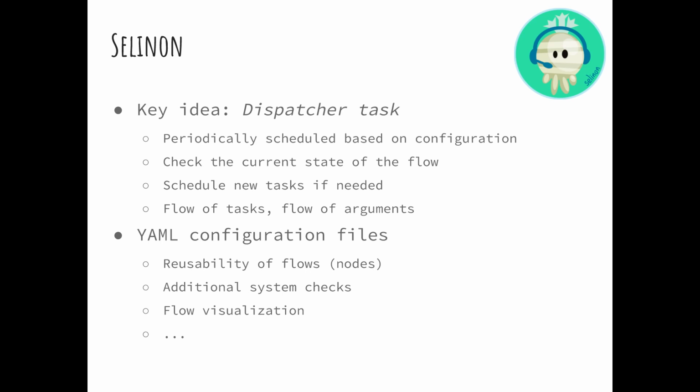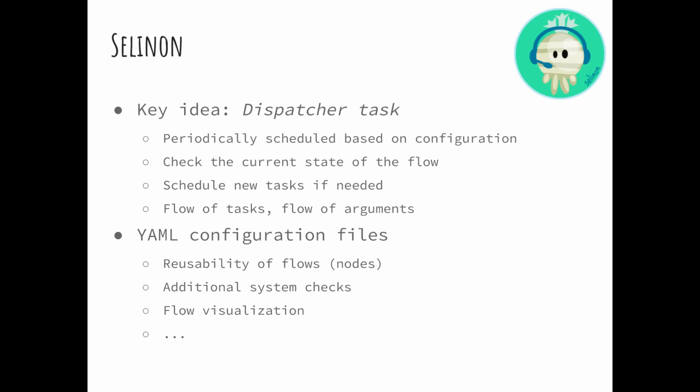Then Selinon offers you this YAML configuration file abstraction, so you have the ability to reuse different flows and task implementations, and also an important feature of Selinon is the system check. So if you change something in your YAML configuration file, Selinon does checks for you, and based on these checks, the whole deployment or redeployment of your system can fail.